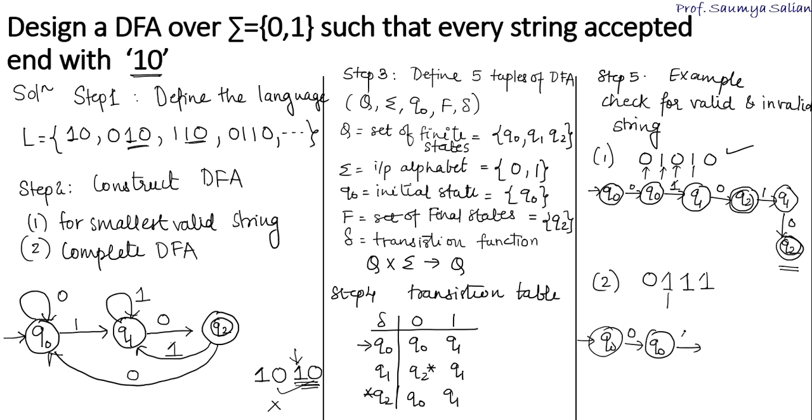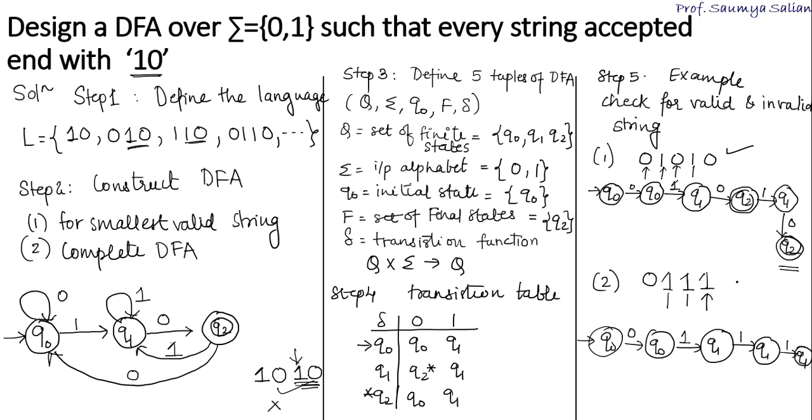Q0 for input 1 goes to Q1, right? Next input is 1. Q1 on 1 is a self loop now. It stays in Q1 itself. Next input 1. Same, Q1 on input 1 is in Q1.